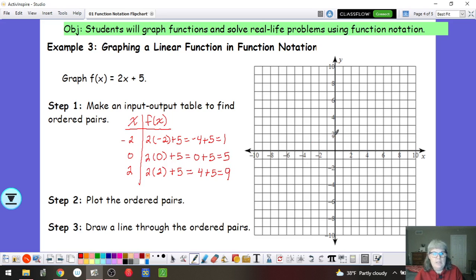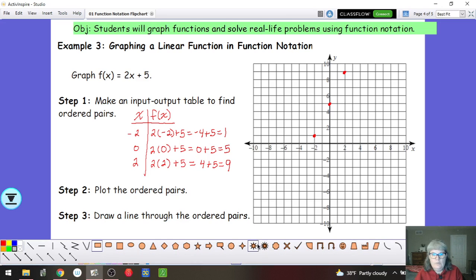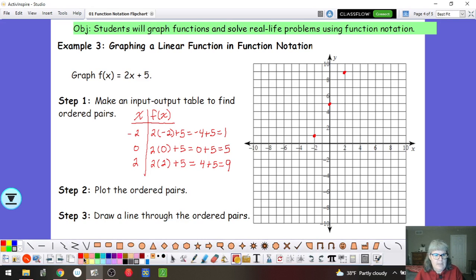We're going to plot those 3 points on our graph. So when x was negative 2, we got 1. When x was 0, we got 5. When x was 2, we got 9. And then what we can do is graph a line. See if I can pull up my line tool here real quickly. And let's get the color for that.